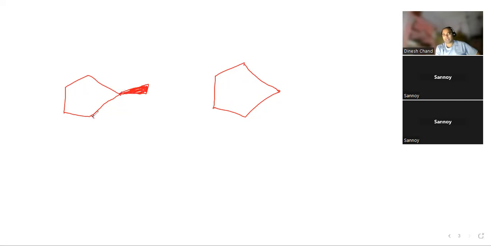Both lines are towards the observer, and this is Cl and this is Cl.